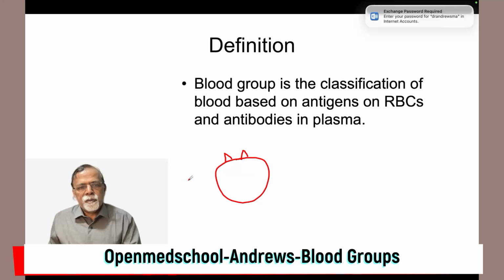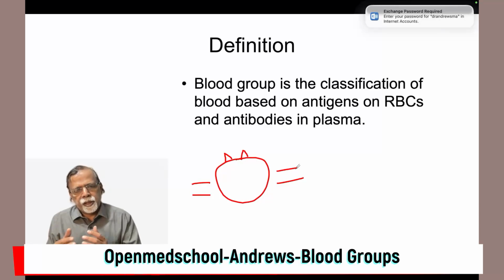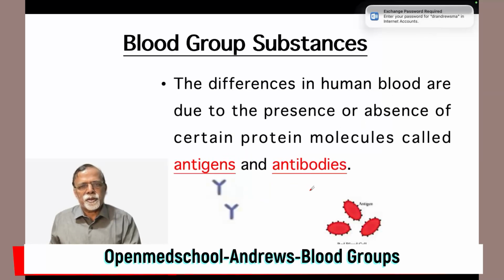And the plasma of the patient contains antibodies to certain antigens on the RBCs. I will come to that. That is a basic concept. So what is this antigen on the RBC?